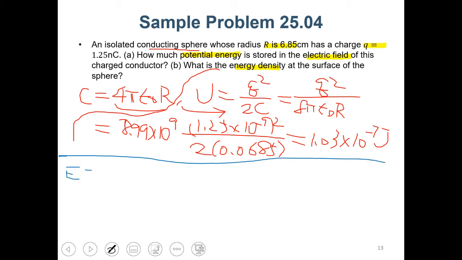So we need to consider E equals 1 over 4 pi epsilon naught times Q over r squared.